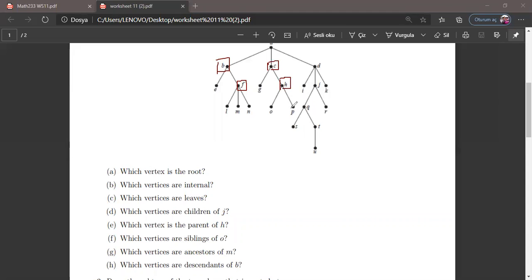And H has two children. It's an internal, and also T because U is a child of T, and Q because S and T are children of Q, and J, and D, right? So these are internals. Okay.